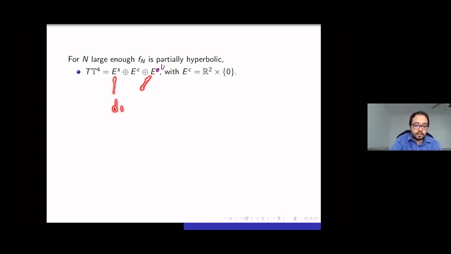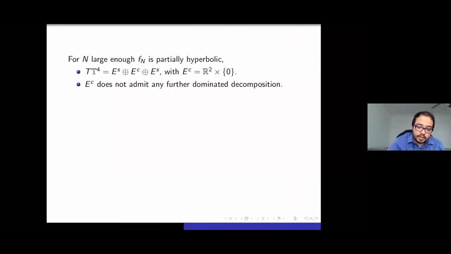So these are one-dimensional. And then you have a center direction, which are the fibers. In the coordinates I wrote, they are given by R^2 times 0. So they are the fibers. So this is one property.